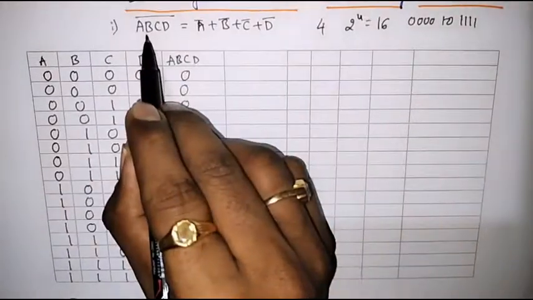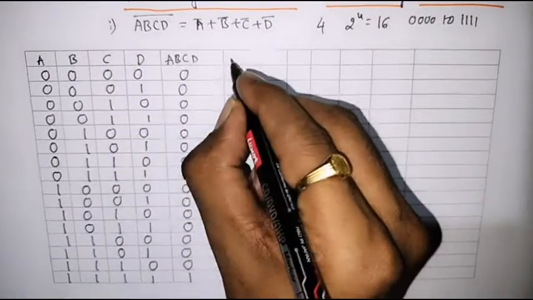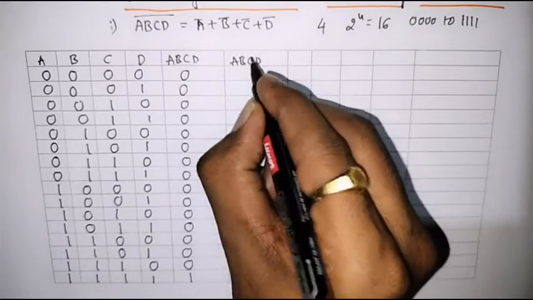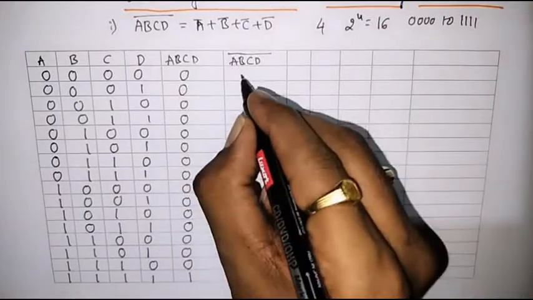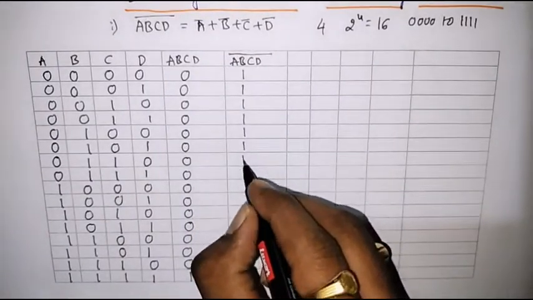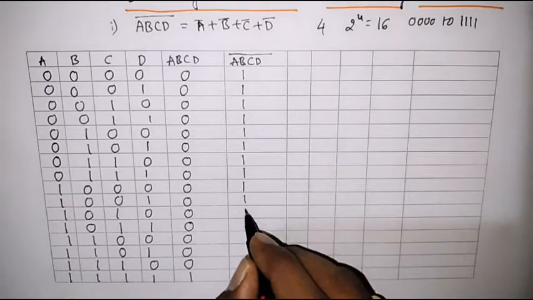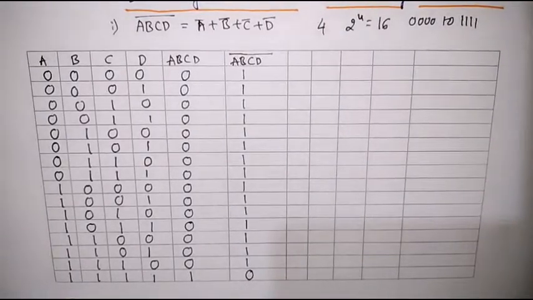Now look at the LHS expression, that is (A B C D) whole bar. Now we'll take the complement of A B C D. The complement of 0 is 1, and so on, and for the last row the output is 0.